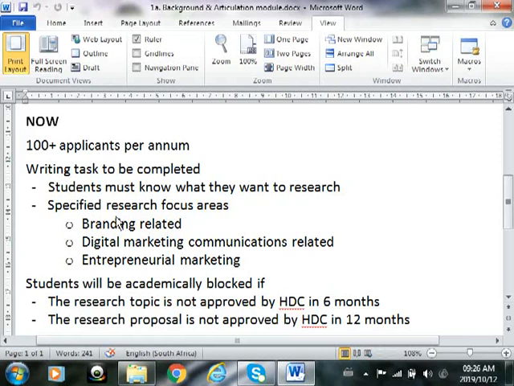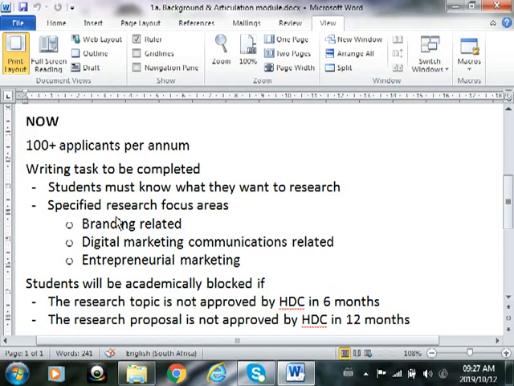MTech is NQF level 8, which is the same as honors for other universities. We now offer a master's, which is at NQF level 9, which does create a gap between BTech and masters. Is there a gap between BTech and masters? Most definitely. Okay, so there is a gap, but we'll get to that later.